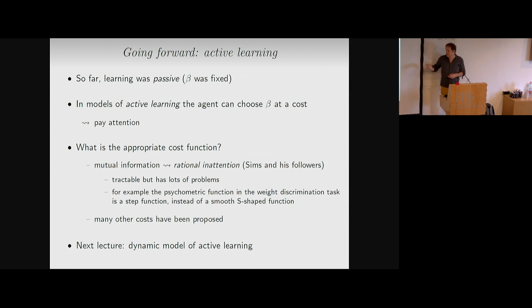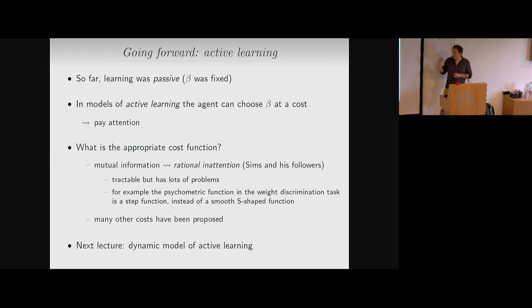It's a very tractable model, but actually it has a lot of problems. So for example, in the weight discrimination task, it leads to a stepwise psychometric function. So the agent can perfectly discriminate between things that we know people can't. So many other cost functions have been proposed. This is a very active area.